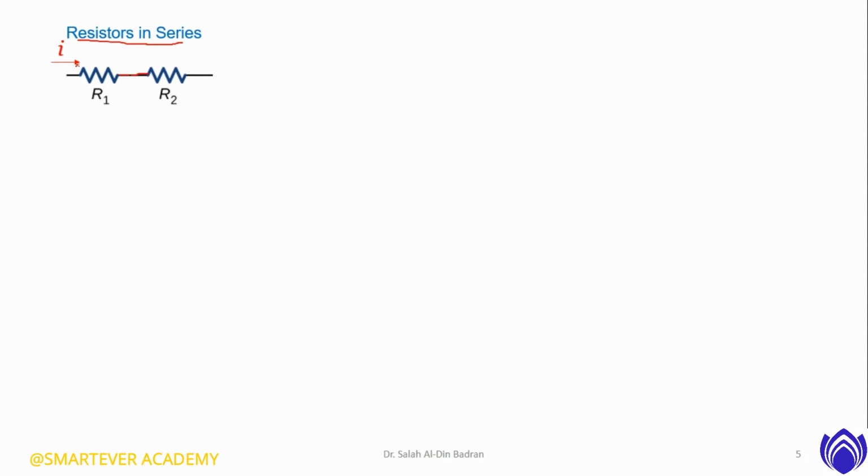If these resistors are connected to an electrical circuit, the current will pass through them in this way. The current in resistors in series is the same: the same before R1, through R2, and still the same after passing through R2.